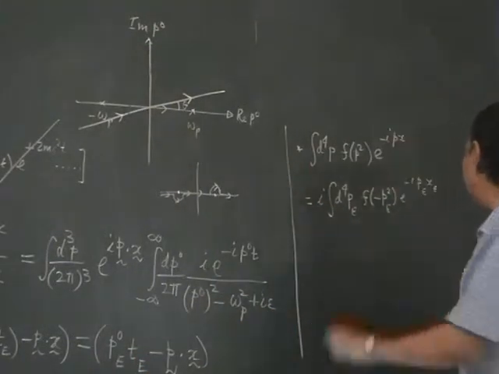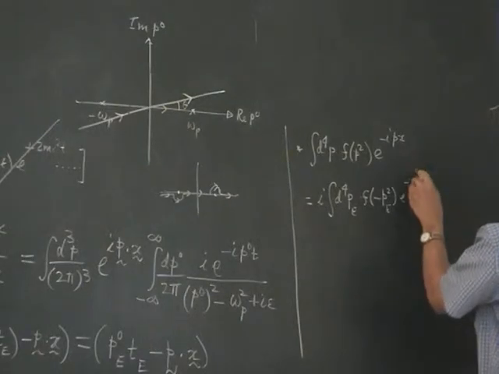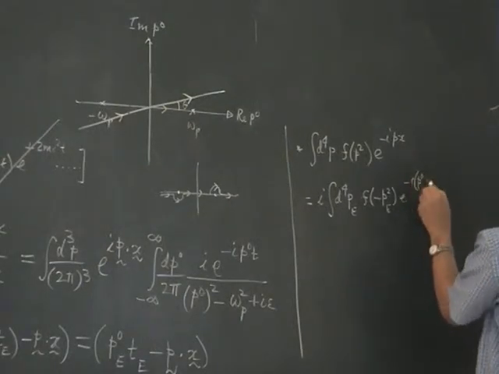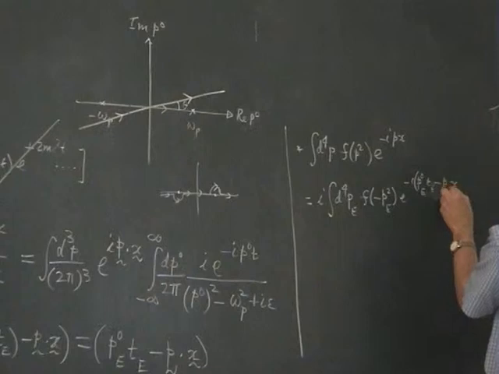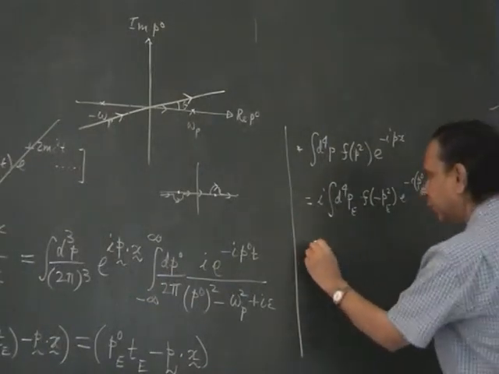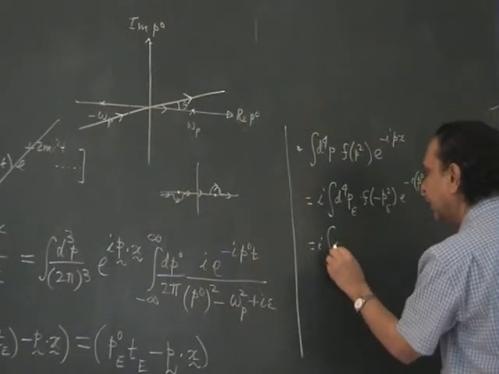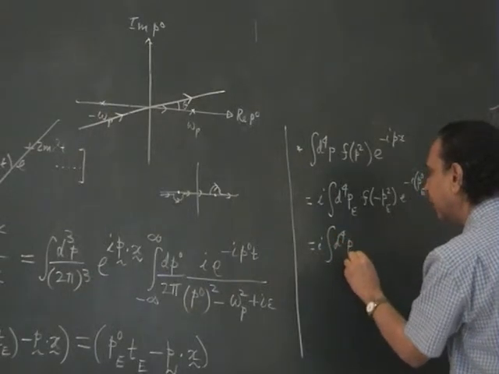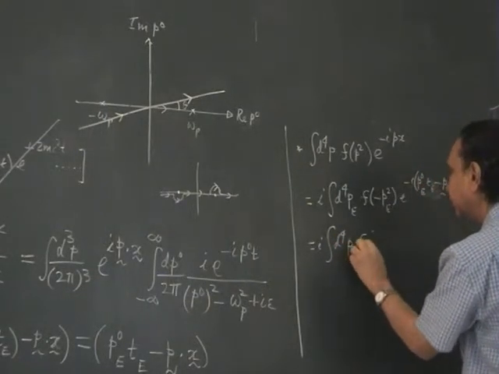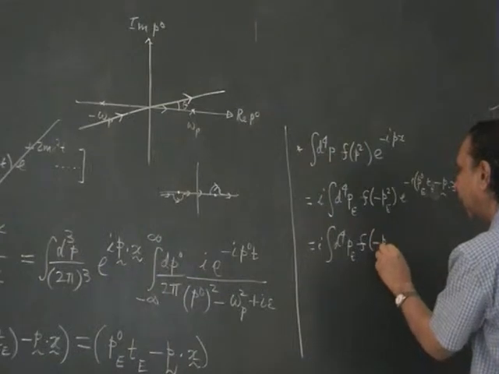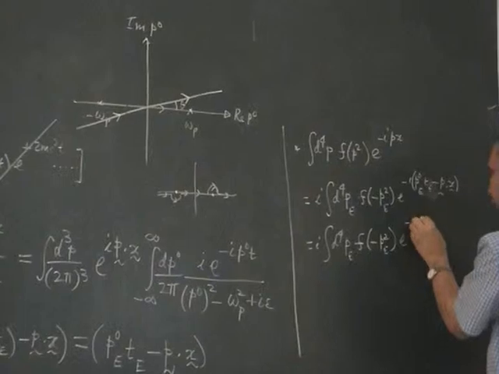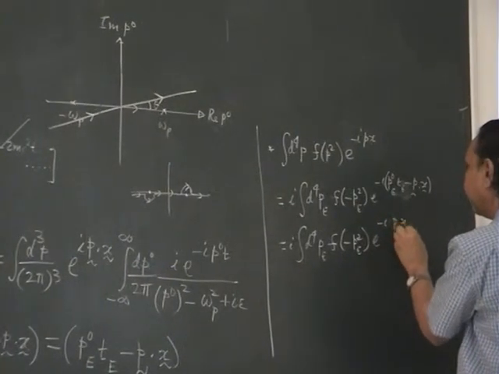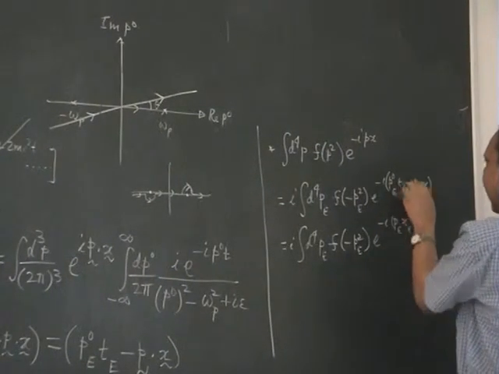Correct? So actually I should have written here the expression as p naught of e, t of e minus p dot x, which is equal to i integral d4 of the Euclidean p f of minus p square e to the minus i, now it is p e x e, with this sign being flipped.